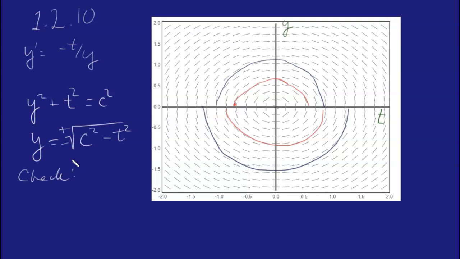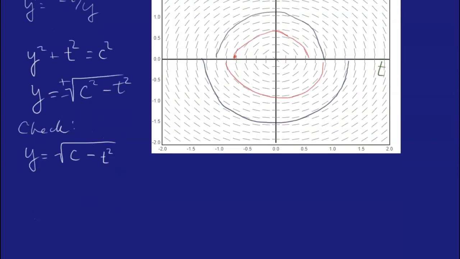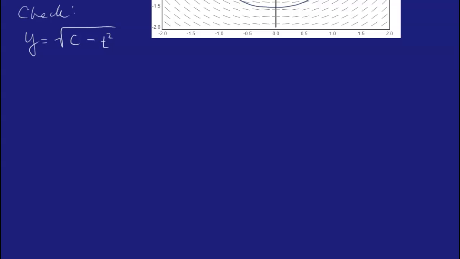To check this solution, I'm going to need to take a derivative to find out what y prime is. So let's write it this way: y is equal to the square root, and for simplicity, as I just mentioned, I'll call it c minus t squared, and I'm going to take a derivative of this. When I want to take a derivative of something with a radical, I like to write it in the form where the square root is an exponent of 1/2.